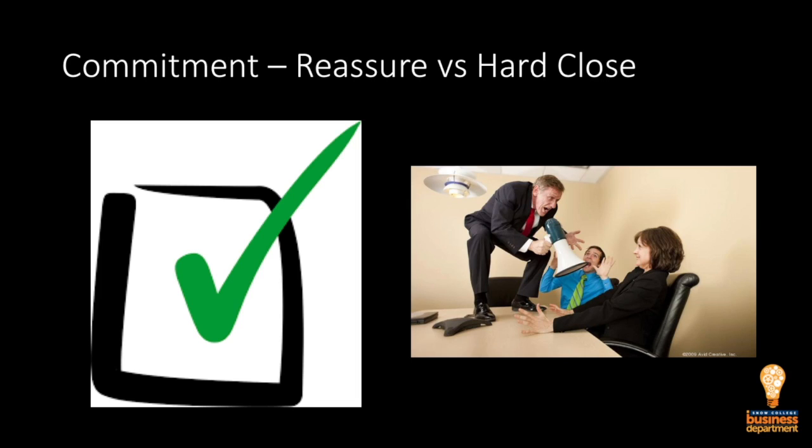In the traditional model, you haven't spent a lot of time identifying those needs, and so by the time you get to the close, that's where all of the objections start coming out. And that's where all of the things that you should have found out at the beginning start coming out. And so that's why in the traditional model, it takes a lot longer to actually get a close.